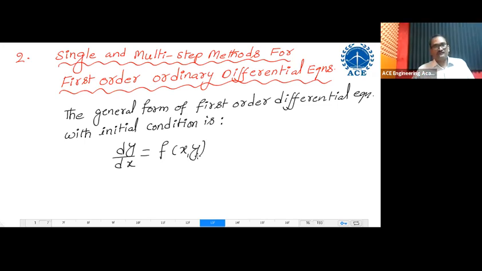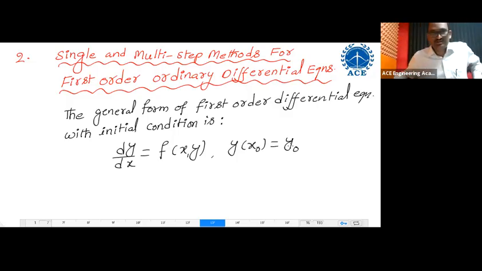This is the general form of a first order differential equation. Initial condition is y(x0) is equal to y0. Means the y value at x0 should be y0.